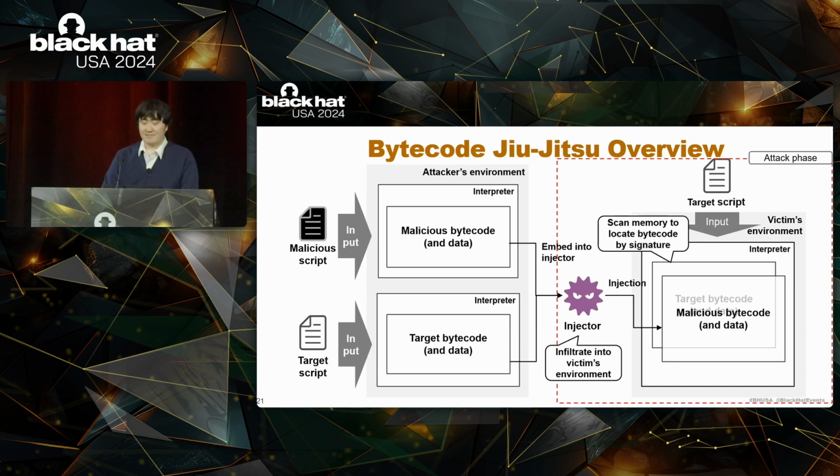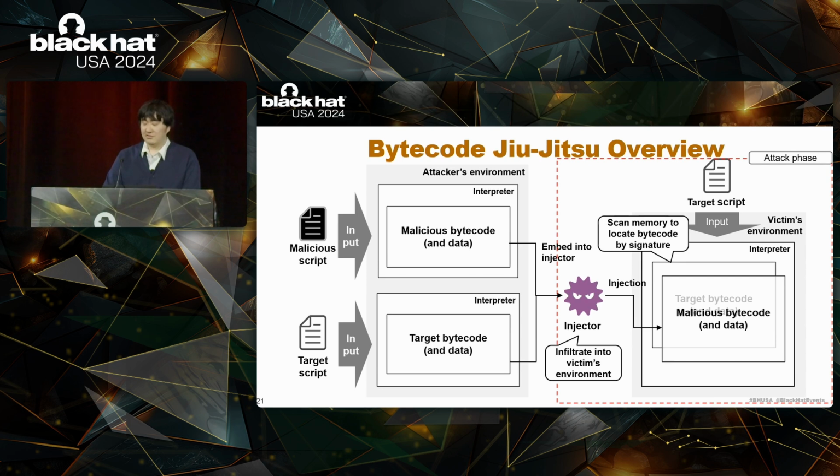The injector scans the memory by signature and locates the target bytecode. Then the injector replaces the bytecode with the malicious one. And finally, the interpreter starts executing the malicious bytecode. That is the overview of Bytecode Jiu-Jitsu.